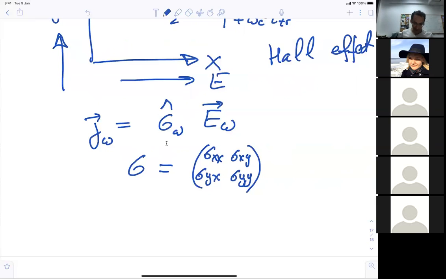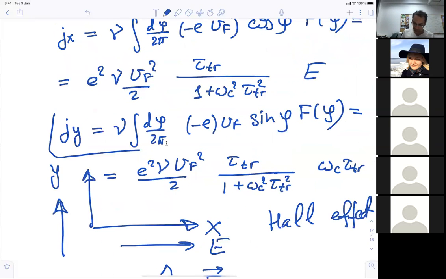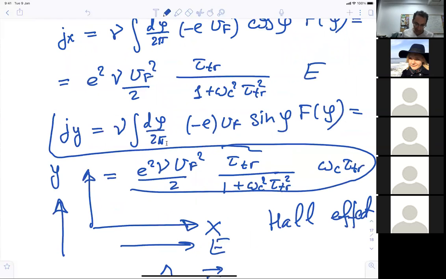That's my matrix of electric conductivities. In particular, I have a current in the Y direction, which is sigma YX times E in the X direction. Now we have computed two components of this thing: we have computed sigma yx, and there we computed sigma xx.